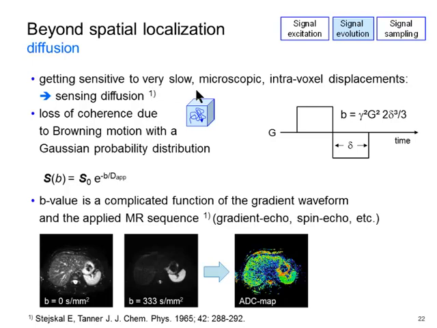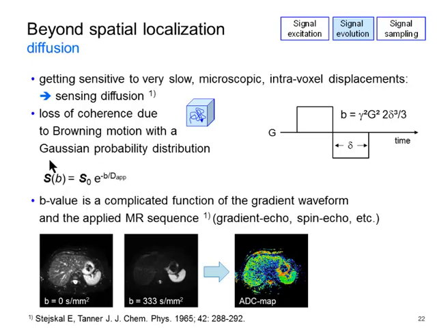That means using the gradients, we are able to sense diffusion. In that way, we are measuring the loss of coherence caused by Brownian motion.